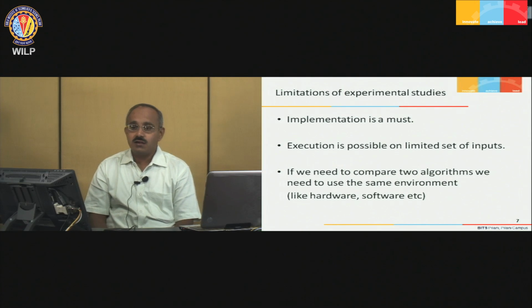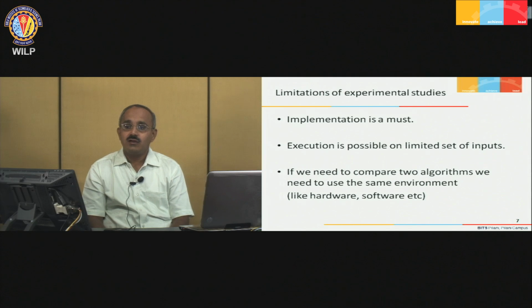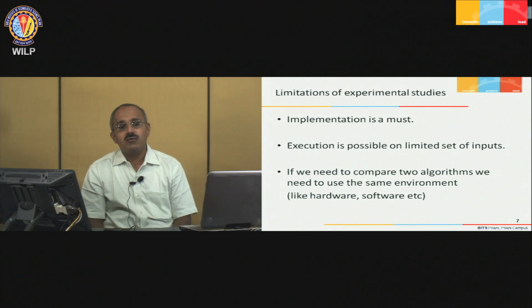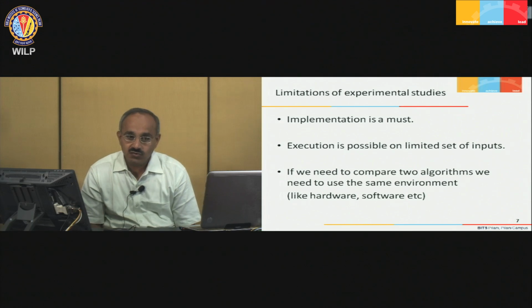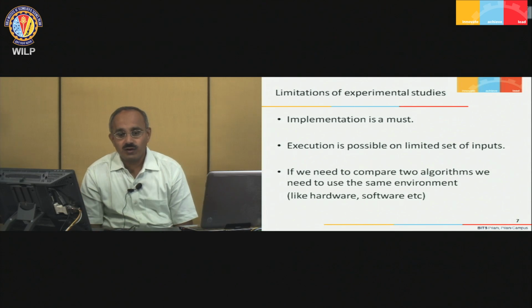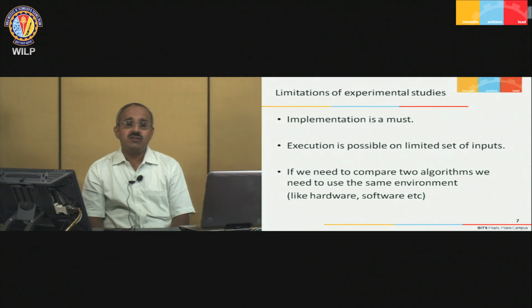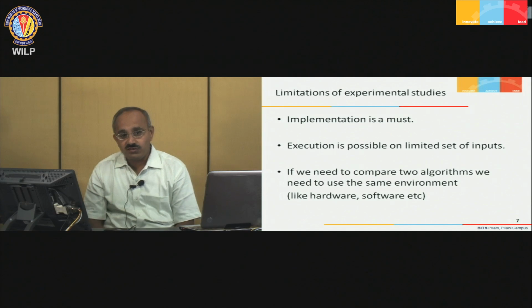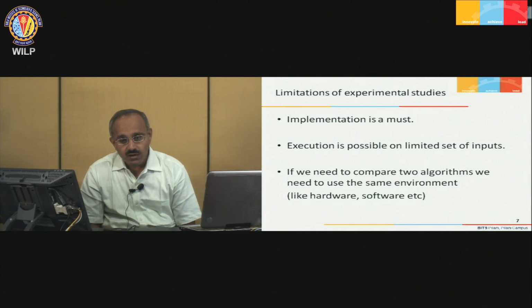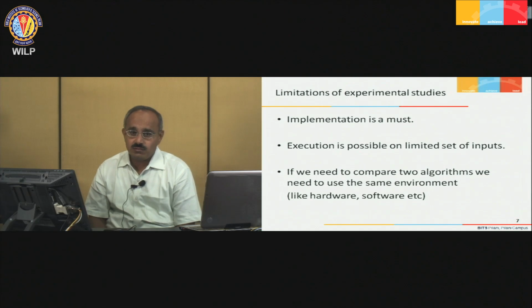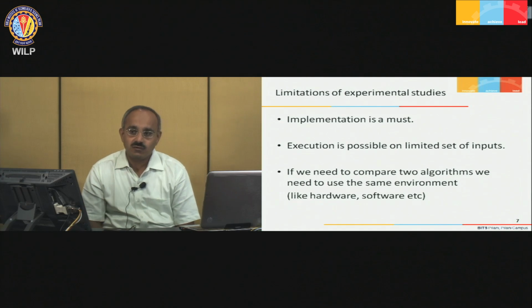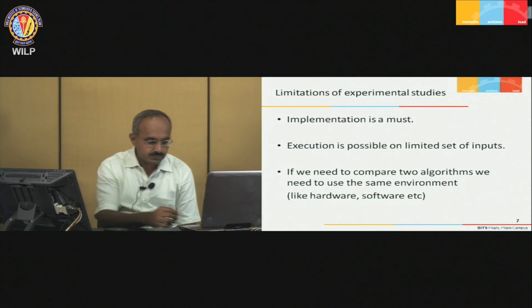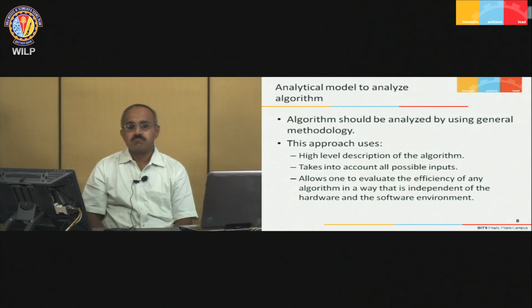And critically, if you need to compare two algorithms, they should be implemented on the same platform, using the same hardware, same software, similar machine speeds and so on. So, there are quite a few limitations with experimental work.